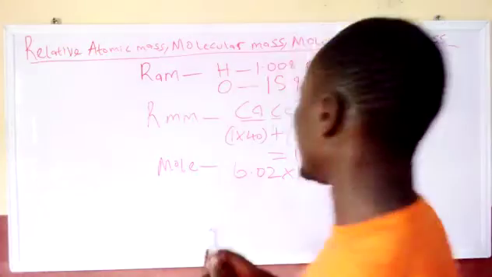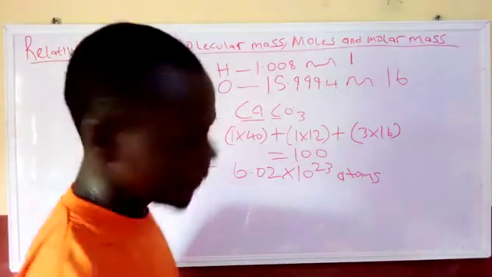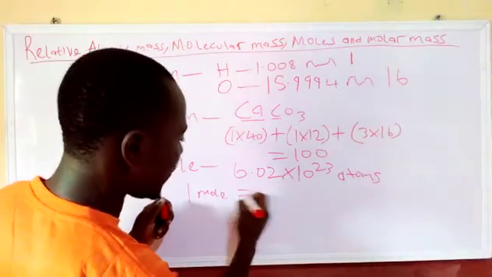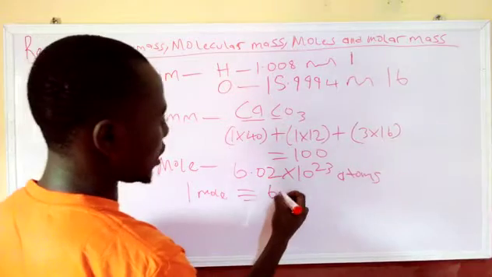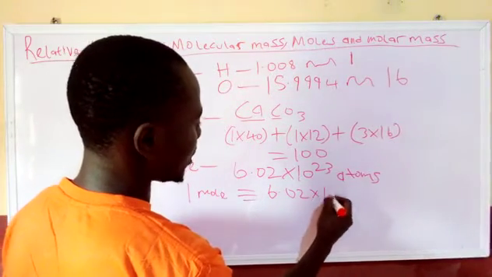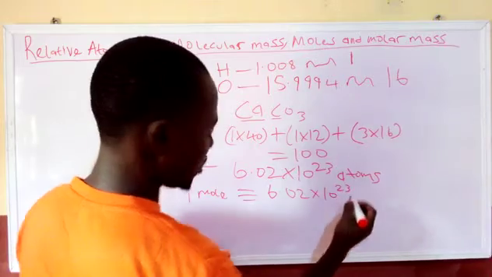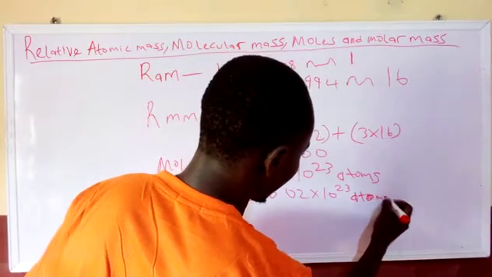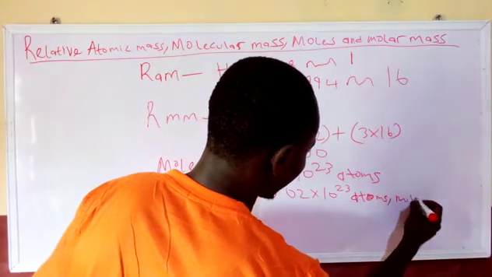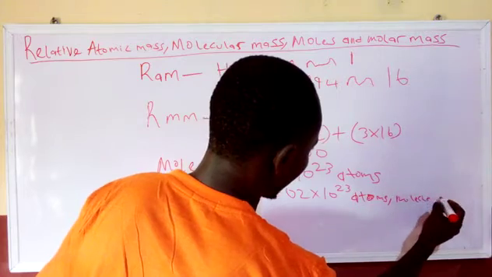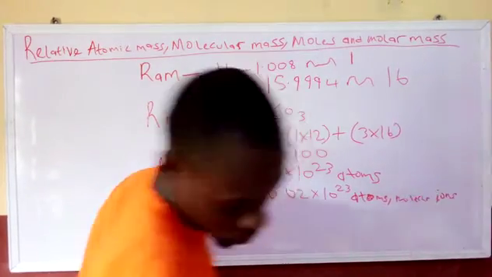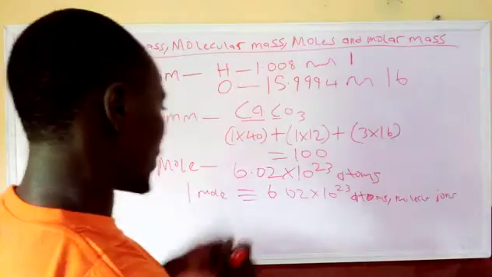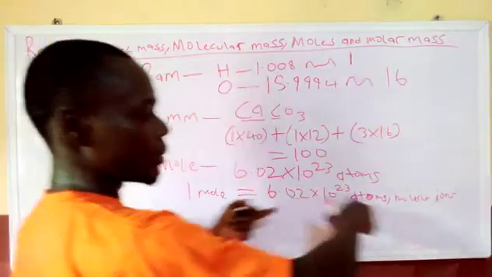Now I want to give you some important relations that will help you. When you're talking of the mole of a substance, 1 mole of a substance is equivalent to 6.02 times 10 raised to the power 23 atoms, molecules, or ions.